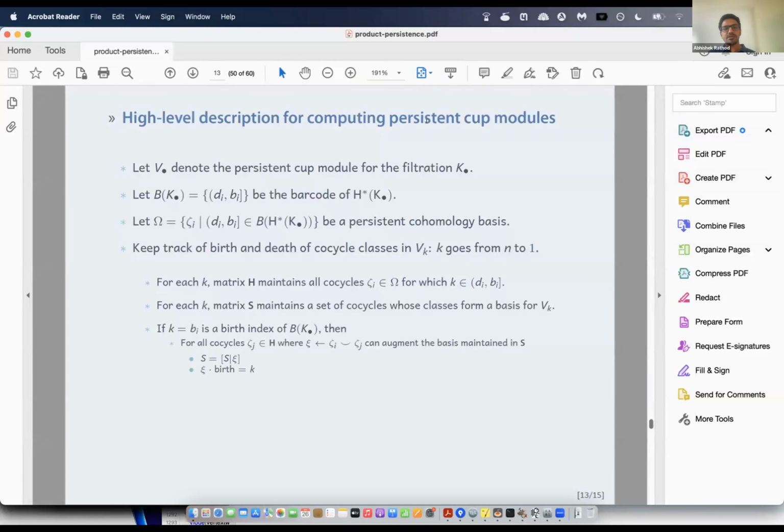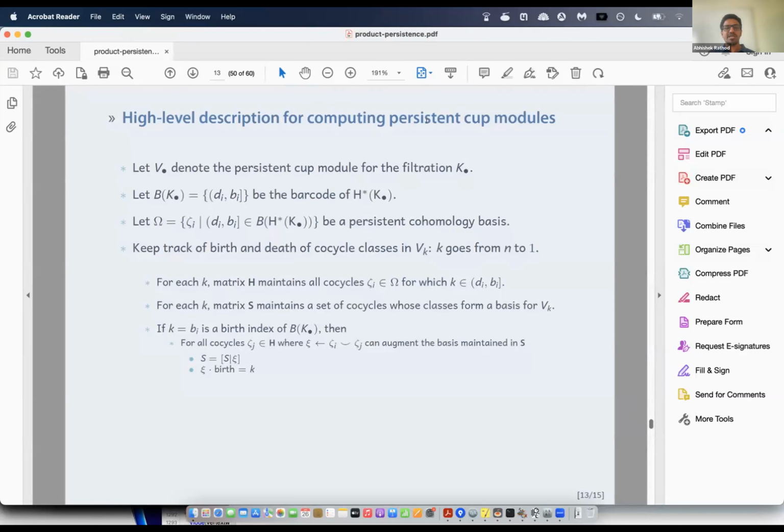The first case is when the index k in the for loop is a birth index of the ordinary persistent cohomology. We recall that one of the properties we showed is that the birth indices of the persistent cup modules are a subset of the birth indices of ordinary persistence. So if k is a birth index of ordinary persistence, then it could potentially also be a birth index of the persistent cup module.